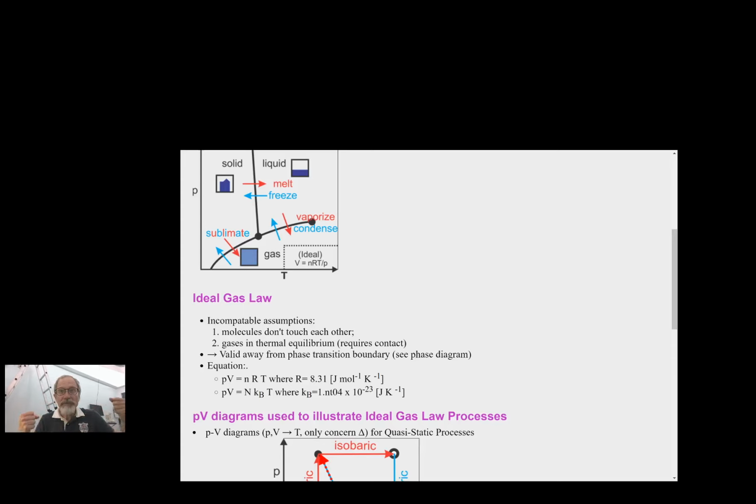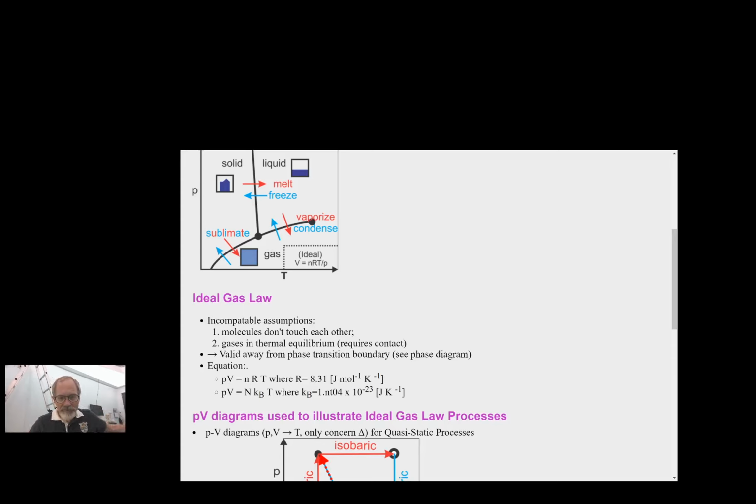Now, if a system wants to go to thermal equilibrium, molecules must hit each other. Remember our laws of momentum: m1v1 plus m2v2 equals m1v1 afterwards plus m2v2 afterwards, and we had conservation of energy.